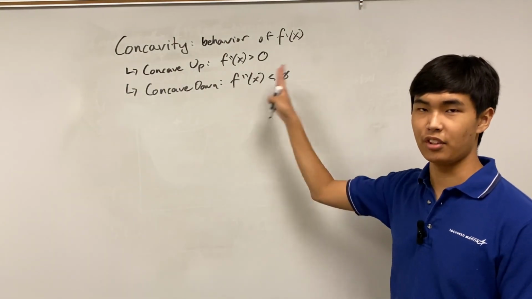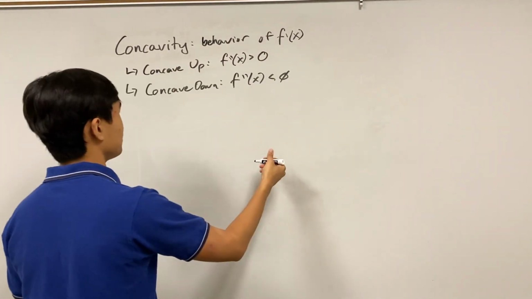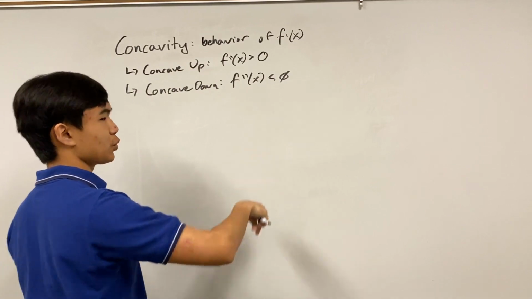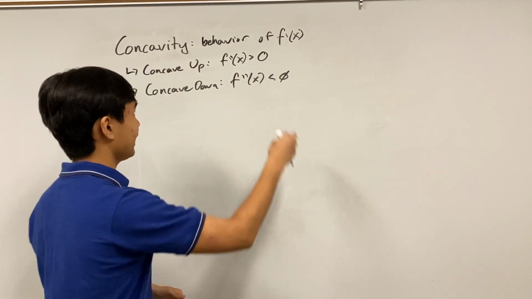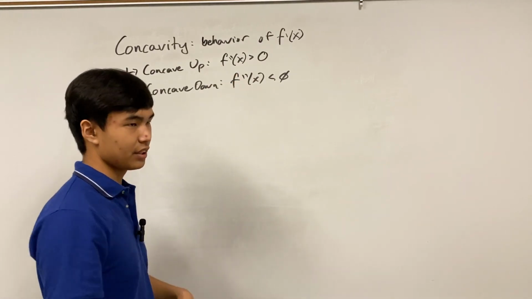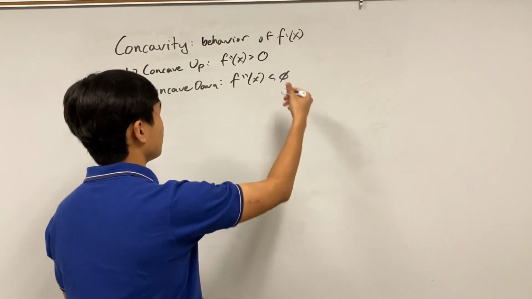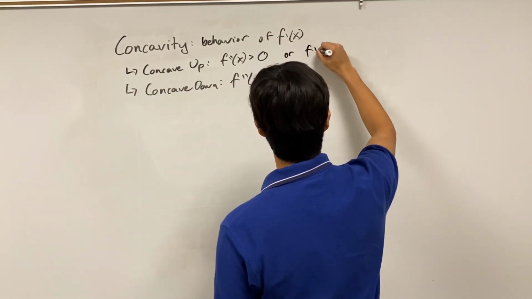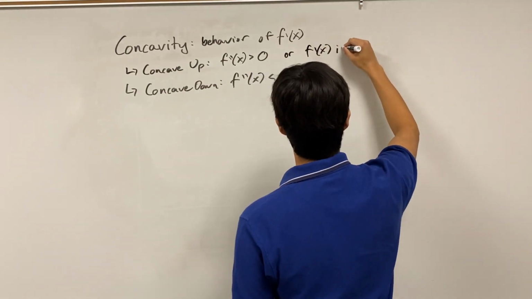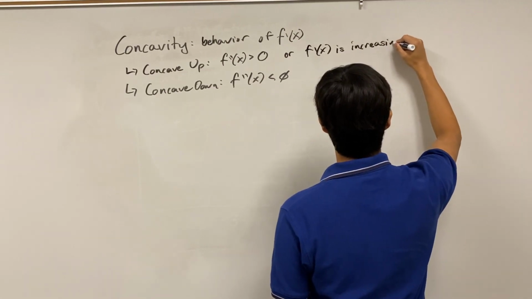But with these definitions, we can do a little more than this. We notice that concave up is when the second derivative of f is greater than 0. But the second derivative of f is the first derivative of the first derivative. So this can also mean when f prime is increasing, right?